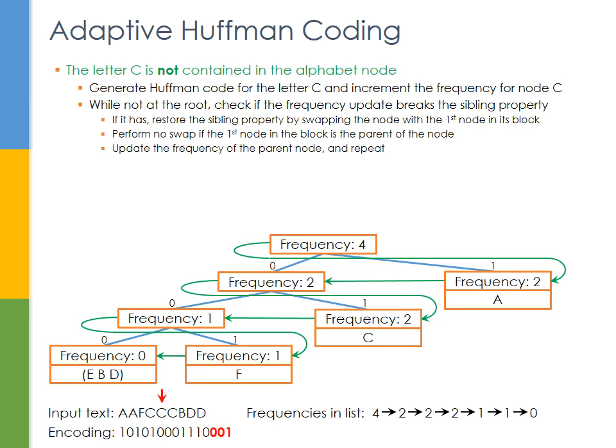Right, so now we're dealing with C, where we've dealt with the frequency update, and now we need to move on to its parent. So this is the parent node over here. We've increased the frequency from 2 to 3, and now we need to check once again to see whether we have violated our sibling property. Well, we have.